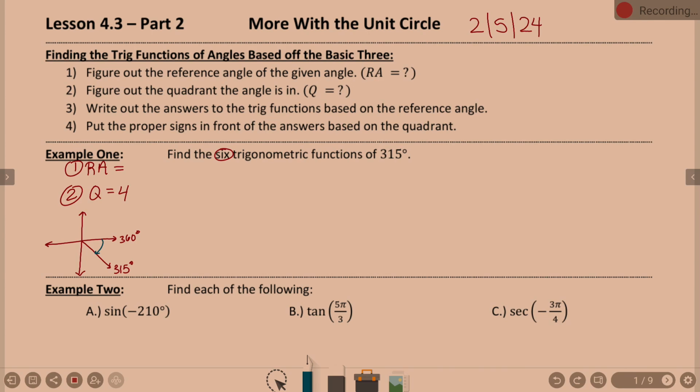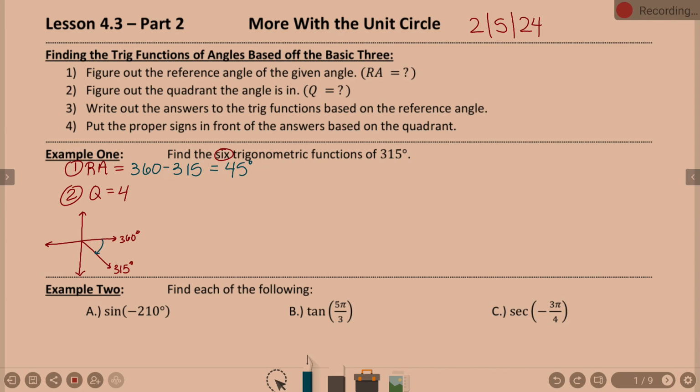So how do I find that? Okay, so this is going to be a scenario of 360 minus 315. And 360 minus 315 is 45 degrees. As I said, it's a no calculator day.